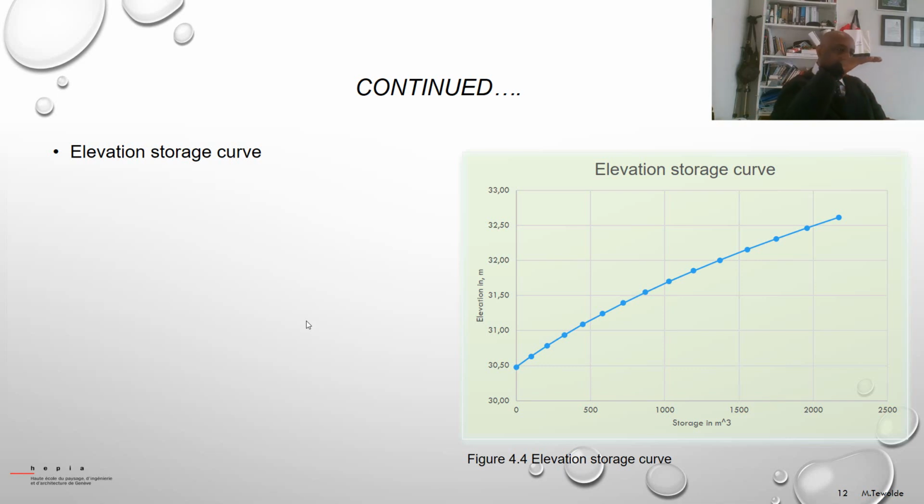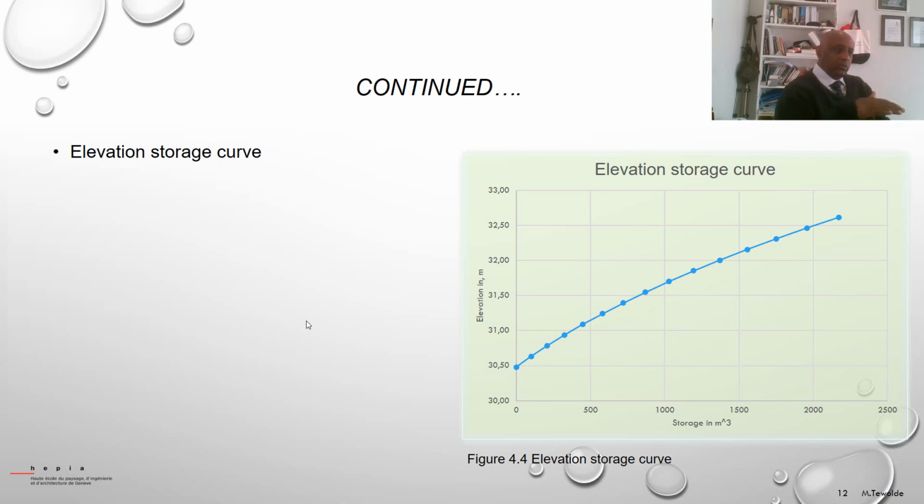For example, we have the surface area 1 here, and the lower surface area 2, and we can take the average of the areas, and there is a height between the two surfaces. If we multiply the average area by the height difference, then we can calculate the change in storage.